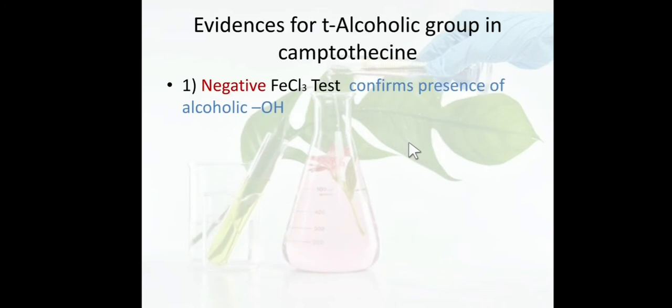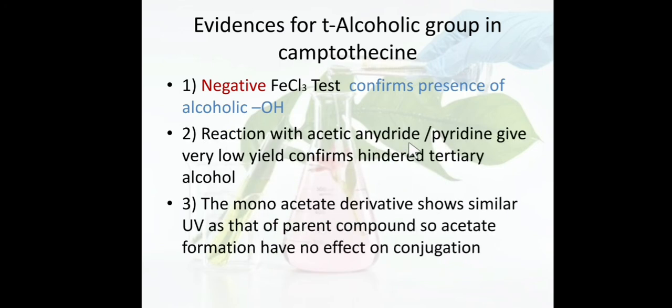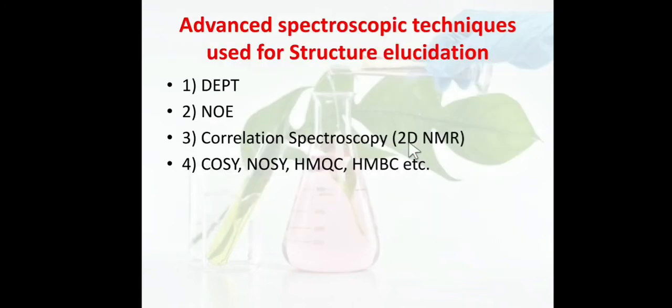There are a few chemical reactions we also discussed, but this lecture is completely focused on advanced analytical or advanced NMR techniques used for structure elucidation. Especially today we are going to discuss DEPT, that is distortionless enhancement by polarization transfer, and NOE, that is the nuclear Overhauser effect.